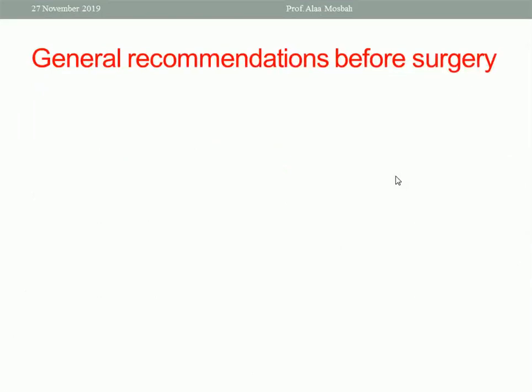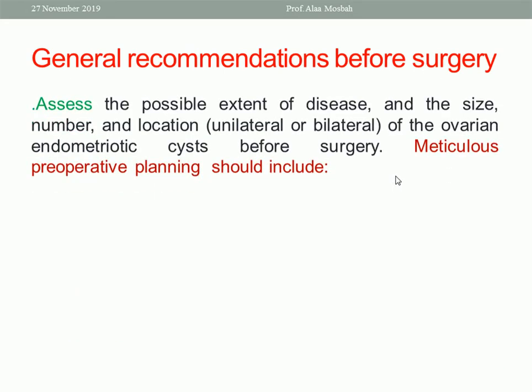So we wanted to know about general recommendations before surgery. Assess the possible extent of disease and the size, number, and location, whether unilateral or bilateral, of the ovarian endometriotic cyst before surgery.